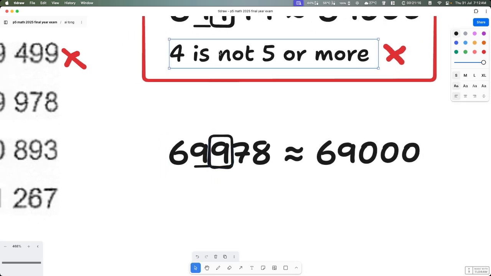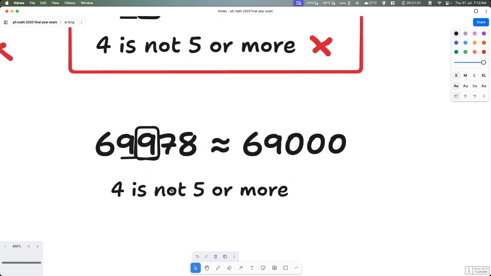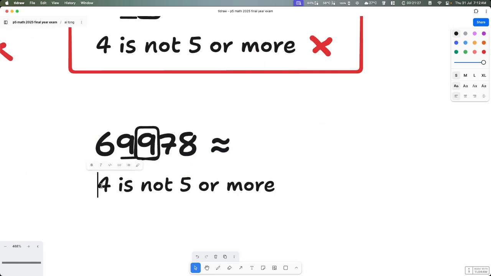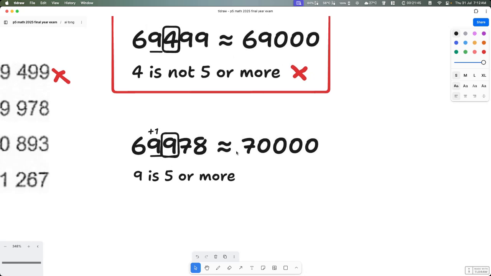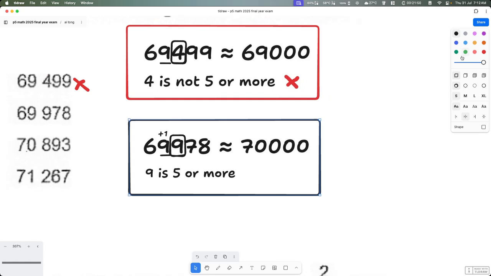The 9 over here is 5 or more, so the answer is not 69,000. That means we will plus 1 to the 9, which gives us 70,000. And there you go. This will be the correct answer, so I'm going to put a tick over here.